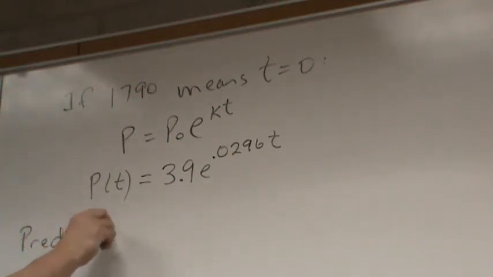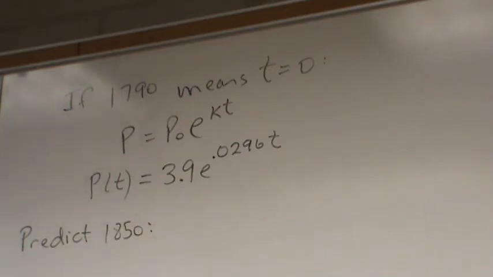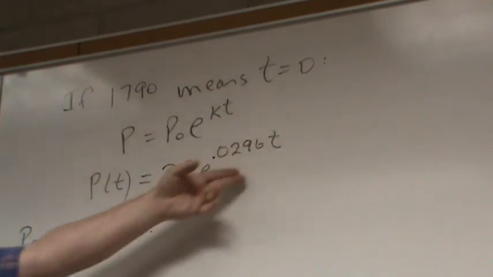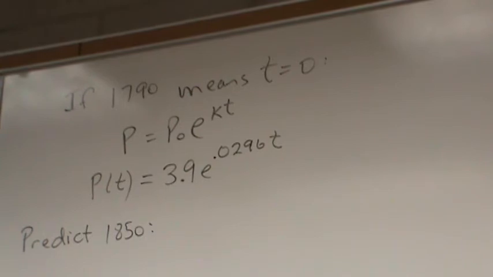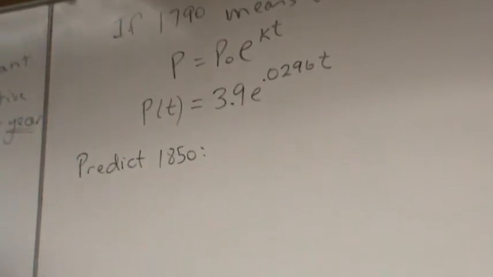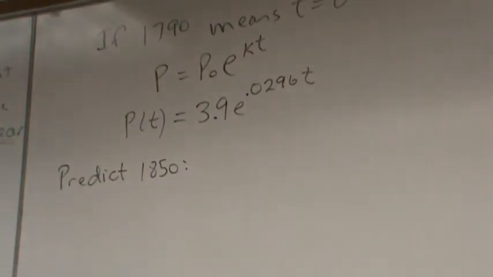Let's predict in the year 1850. If I'm going to use this equation to predict the population for 1850, and 1790 means t is 0, what is t going to equal for 1850? 60, right?